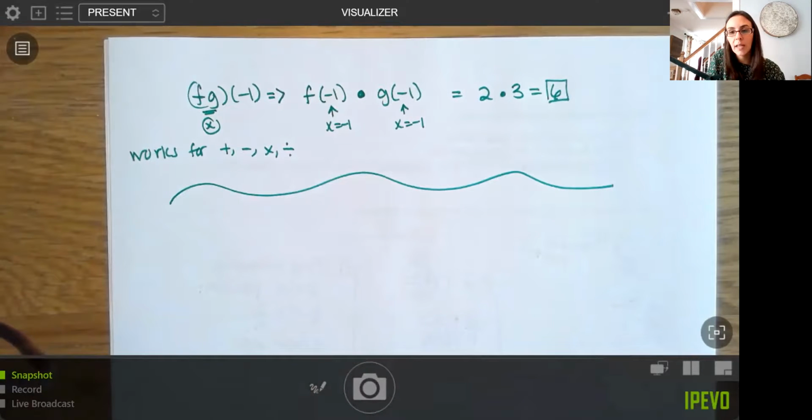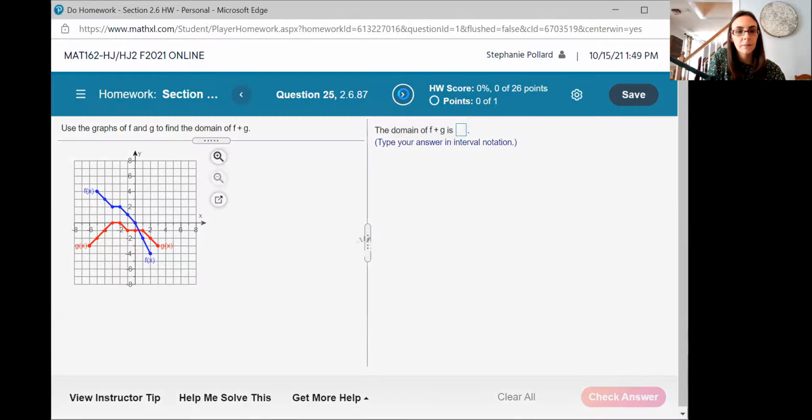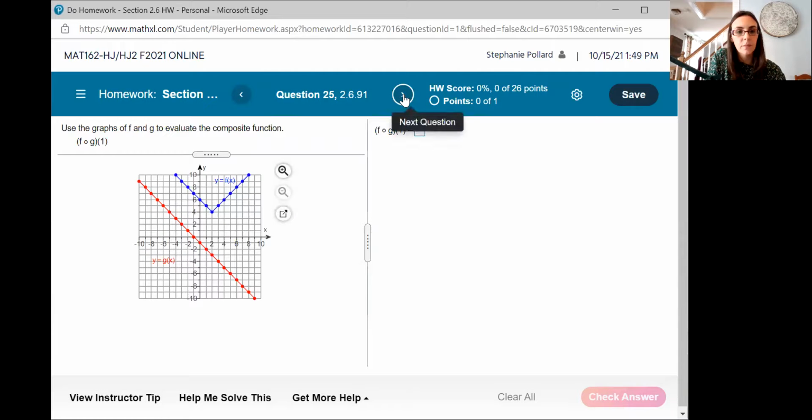I want to show you one more like that, but with composition, because that works slightly differently. All right, so here's one with composition, and we're asked to find f of g of 1. With composition, it's a little bit different. You don't find f of 1 and g of 1 separately.